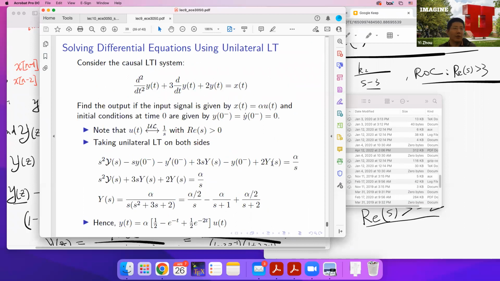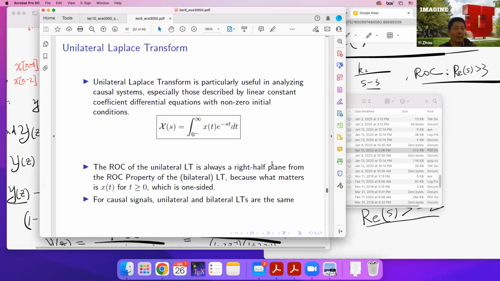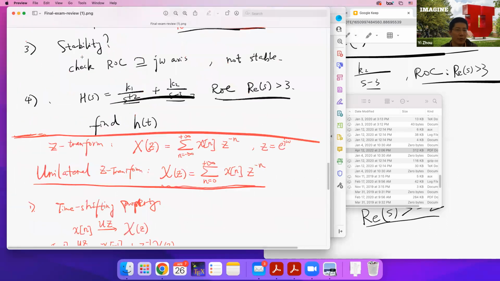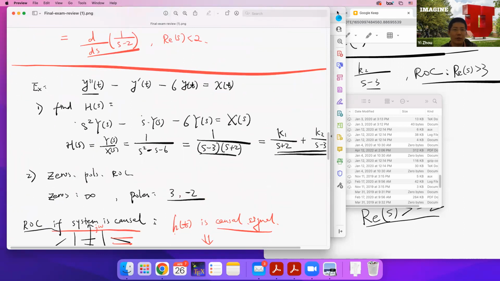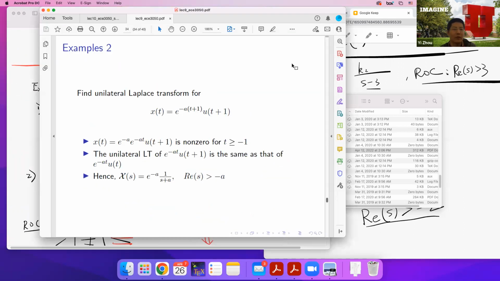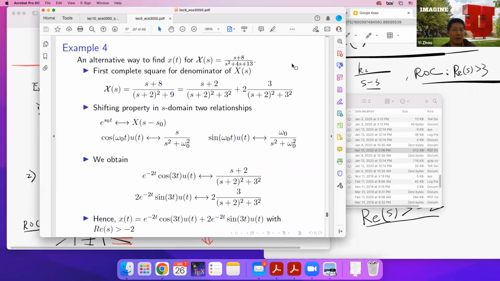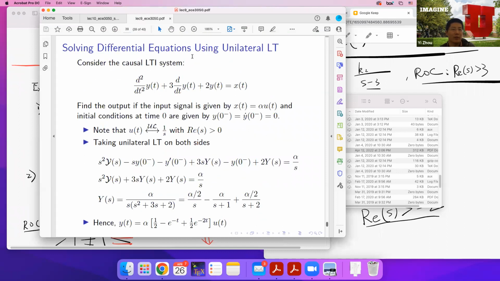But we have many examples at the end of this lecture on how to leverage the unilateral Laplace transform to solve differential equations, given some initial conditions. Something like this one.